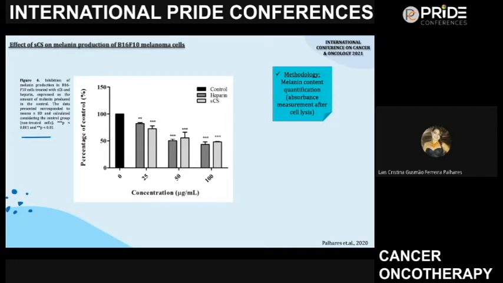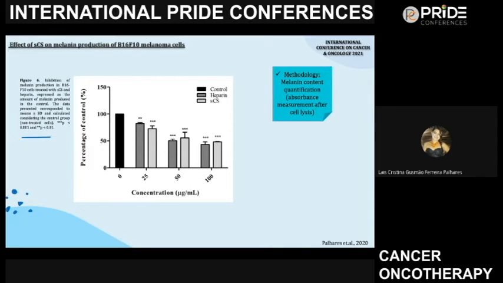And it was quite interesting because we collected the supernatant of the cells with the different treatments, different concentrations of the SCS compound. And we saw that at the highest concentration of the SCS, and heparin as well, we saw a decrease in the melanin levels.